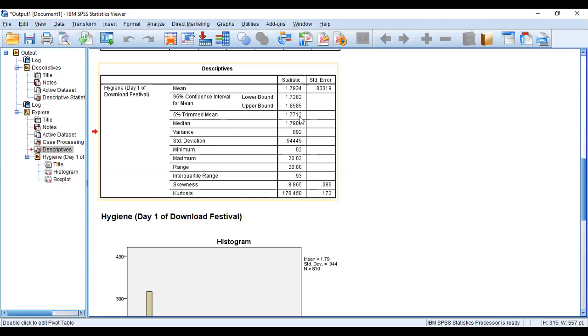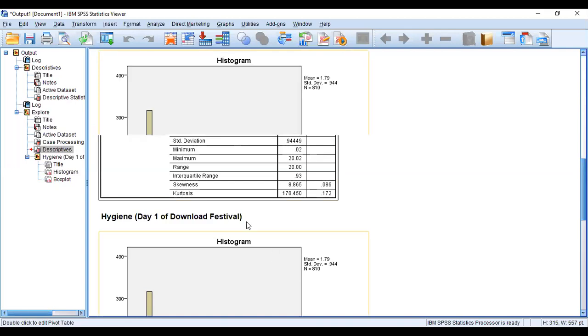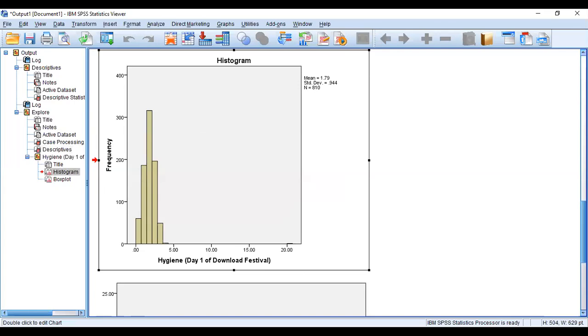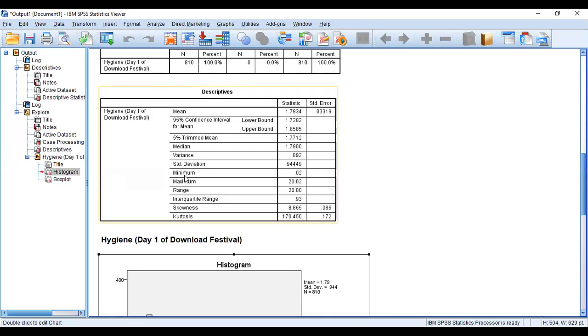The median value is 1.79, the variance we can see here is 0.892, and the standard deviation is 0.9449. Now here we can see the minimum rating given, that is 0.05, and the maximum given by a respondent, that is 20.02.